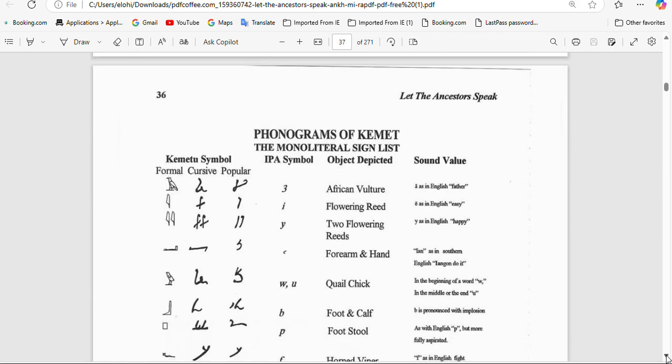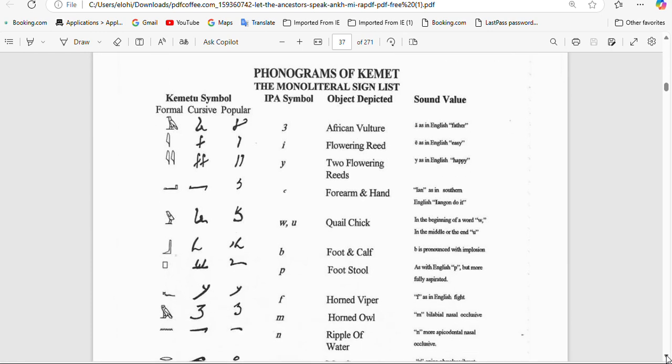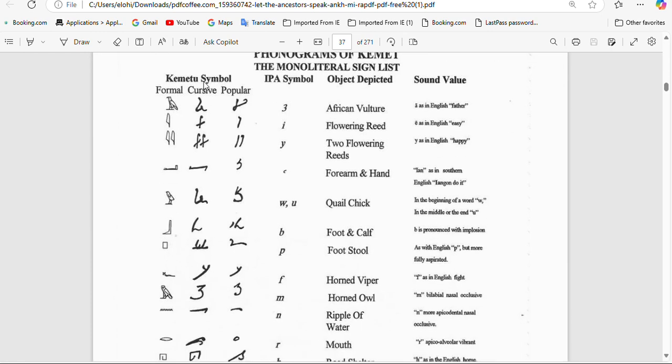Phonograms of Kemet, the monoliteral list. Now we start with the hieroglyph, the cursive, and then the demotic. They're just different scripts of the same language. So the first one here is a vulture. This is the IPA symbol. It tells you it's an African vulture, an A as in father.